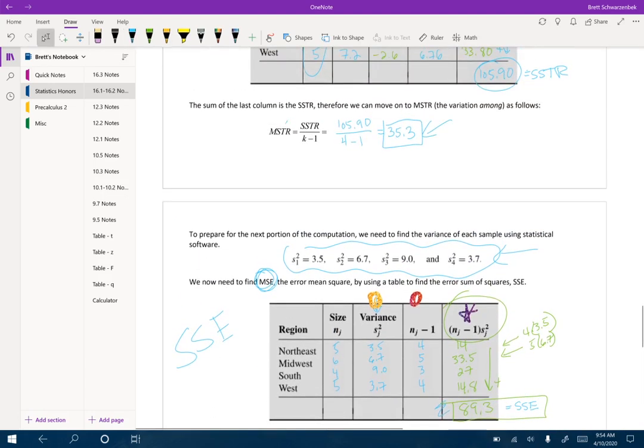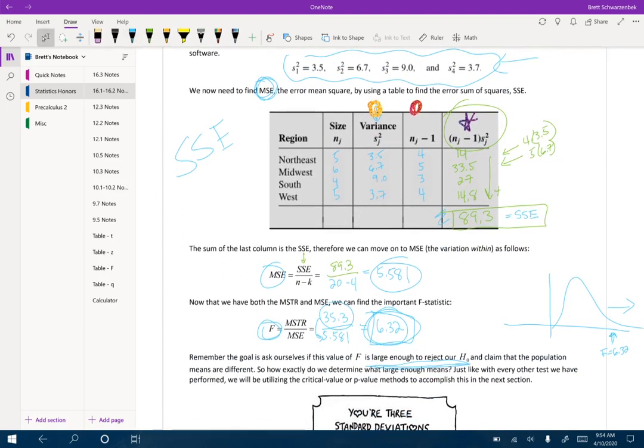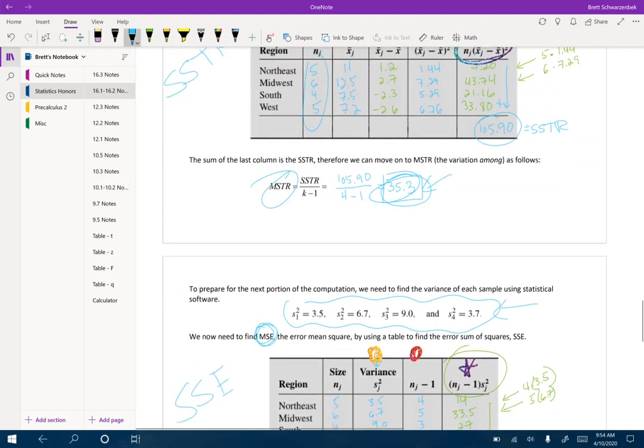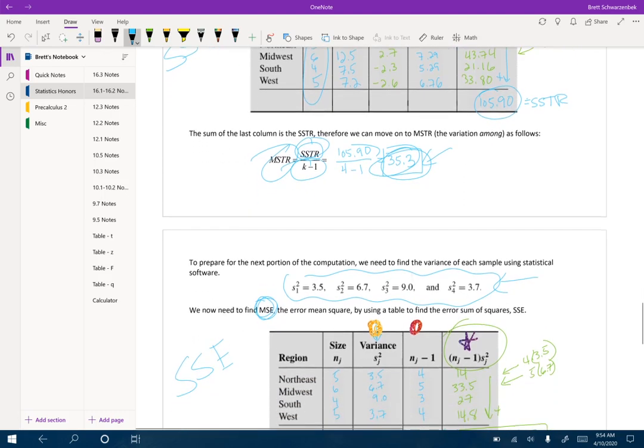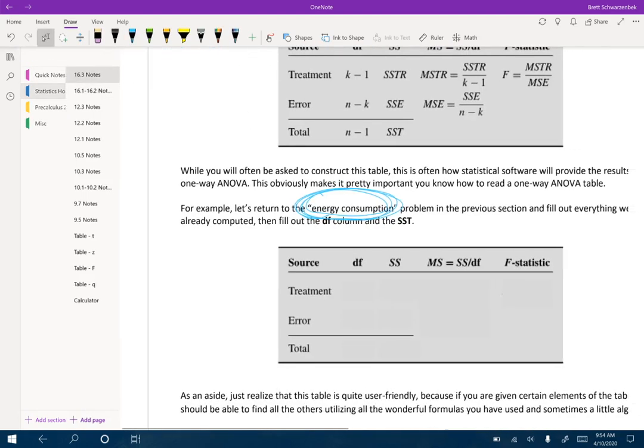We have MSTR is 35.3. We also have SSE and n minus k here, which are 89.3 and 16. We also have SSTR and k minus 1, which are 105.9 and 3. Those, believe it or not, are all the values that are actually in the table.